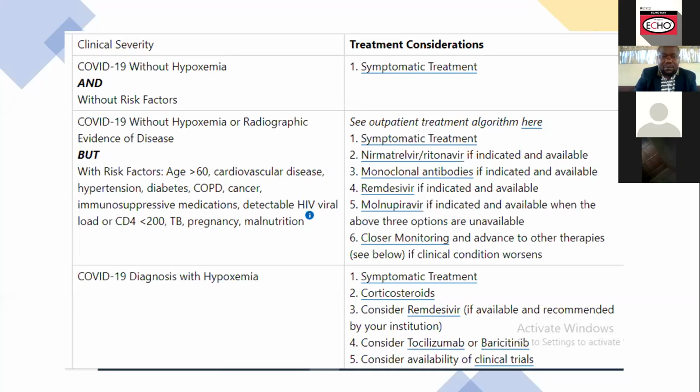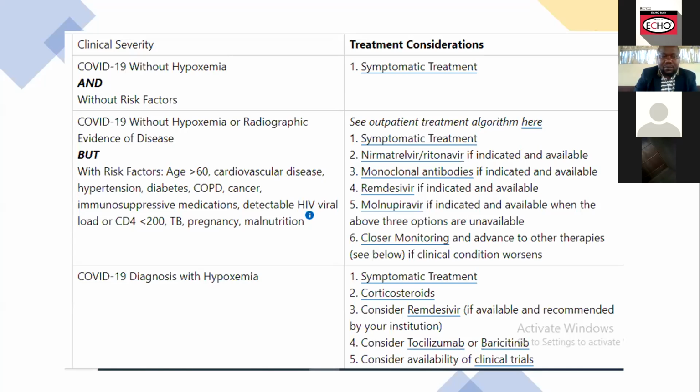Then when they have COVID-19 but without hypoxemia or radiological evidence of disease like viral pneumonia, but when they have risk factors for severe disease, including age above 60 and cardiovascular disease like cardiomyopathies, ischemic heart disease, hypertension or diabetes, COPD, malignancy, immunosuppressive conditions like uncontrolled HIV, evidenced by a CD4 below 200 cells, malnutrition, pregnancy, or tuberculosis, you need to admit them and provide symptomatic treatment.